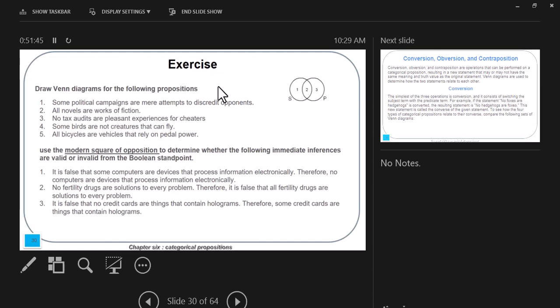Some birds are not creatures that can fly is represented by putting an asterisk inside one. Yes, inside one, correct. Number 5: all bicycles are vehicles that rely on pedal power. Shading, which one? Number 1, yes.